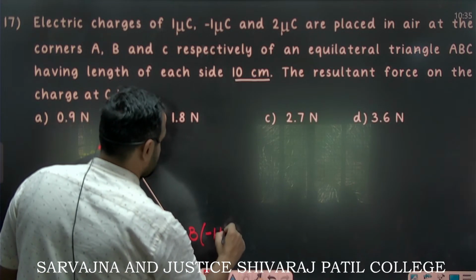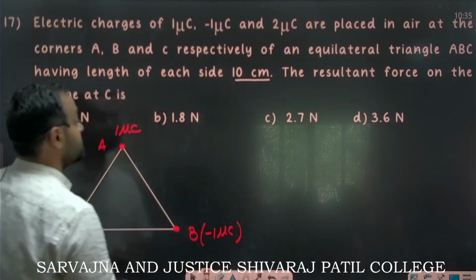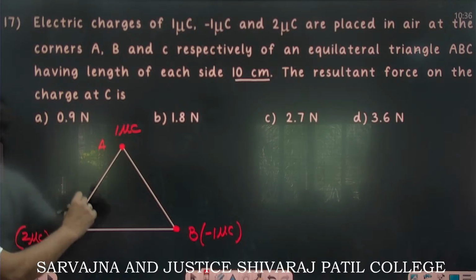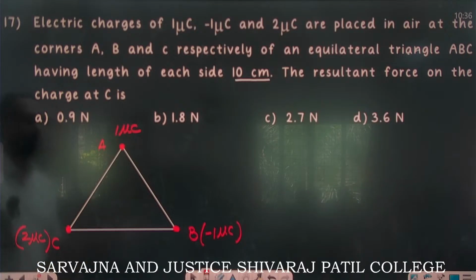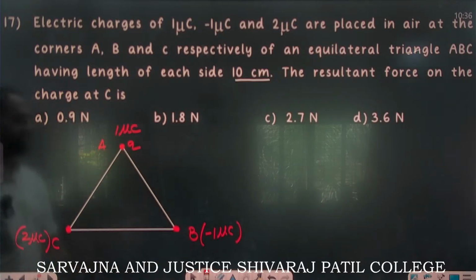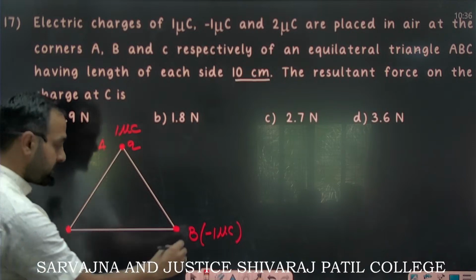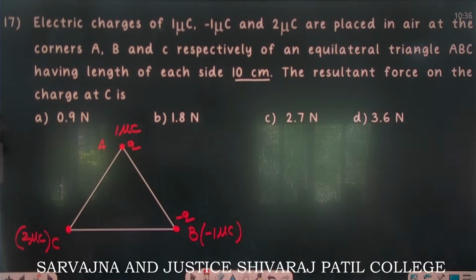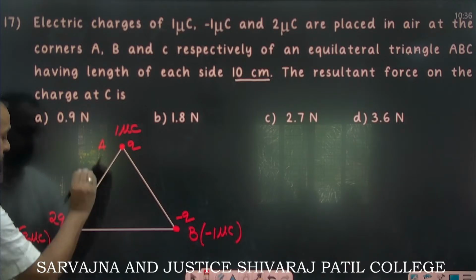Minus 1 micro. What is the charge on C? 2 micro. If I take that the charge on A is Q, what will be the charge on B? Minus Q. And what will be the charge on C? 2Q. Charge on C will be 2Q.